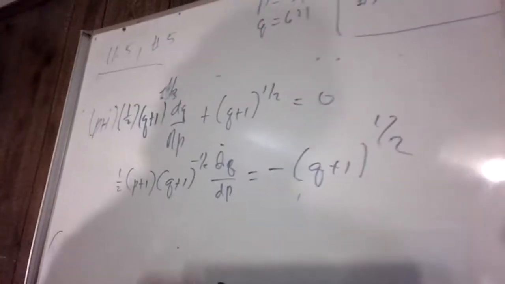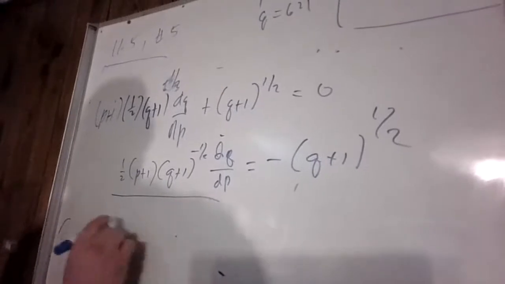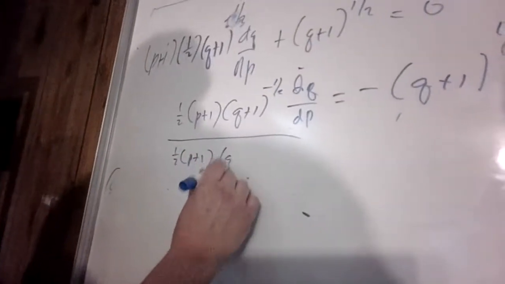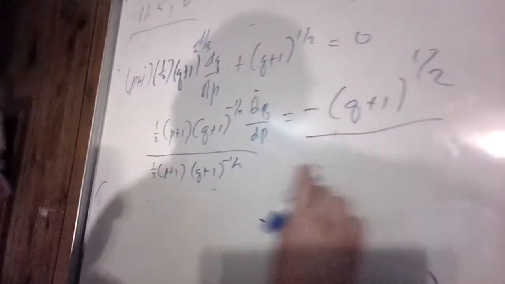Now, what do I have to do? I have to solve for dq dp. So I divide both sides by 1/2 P plus 1, Q plus 1 to the minus 1/2. Same thing here.